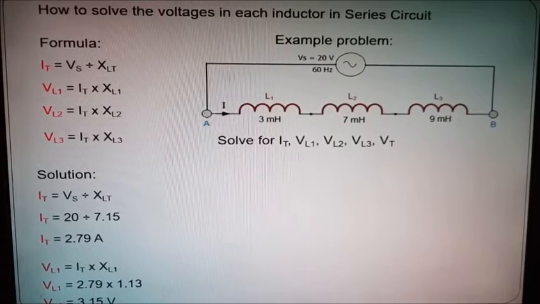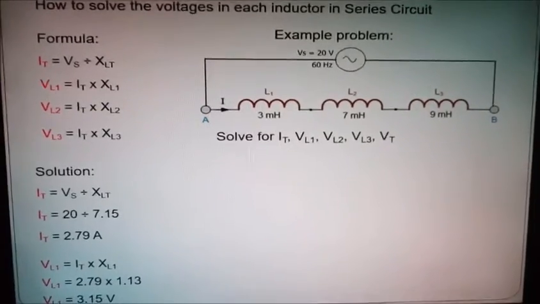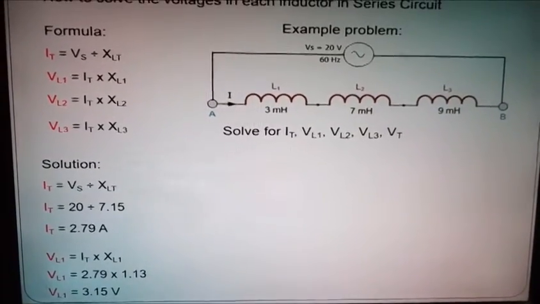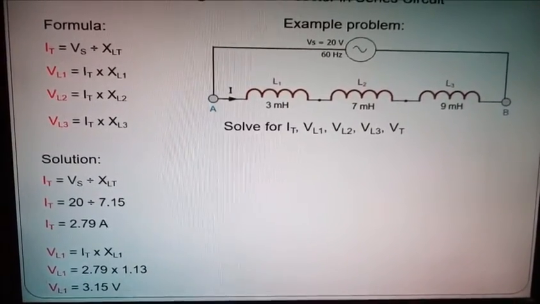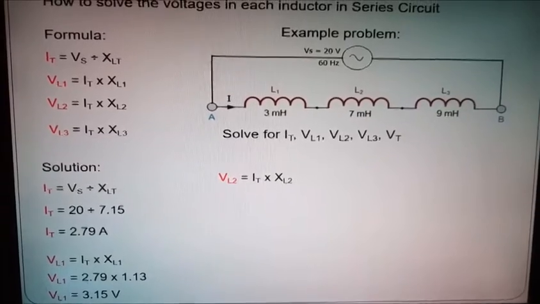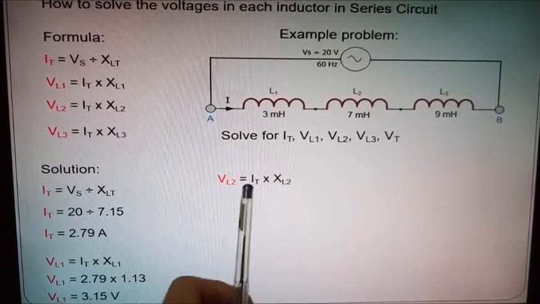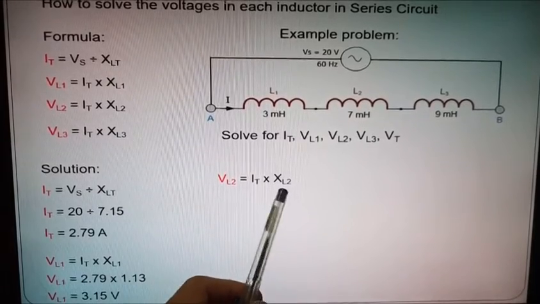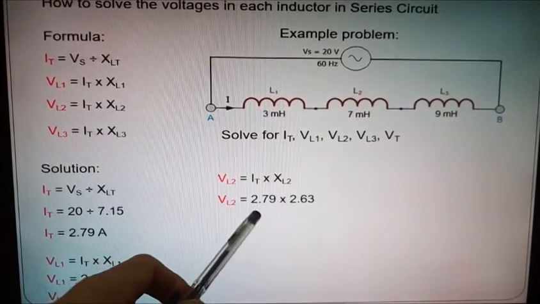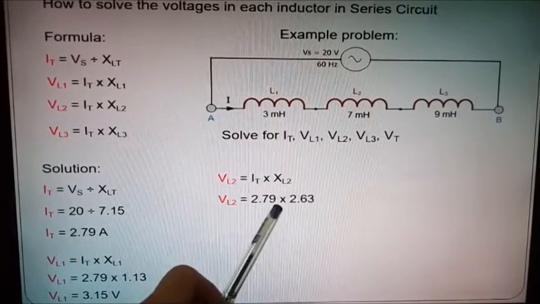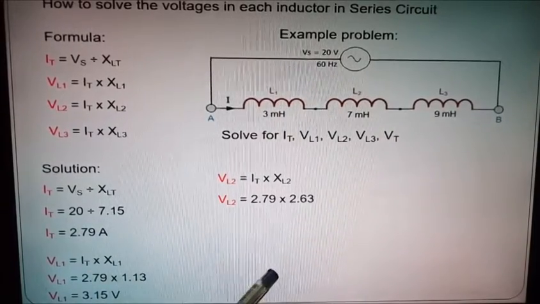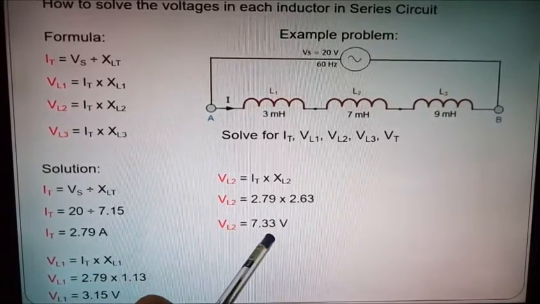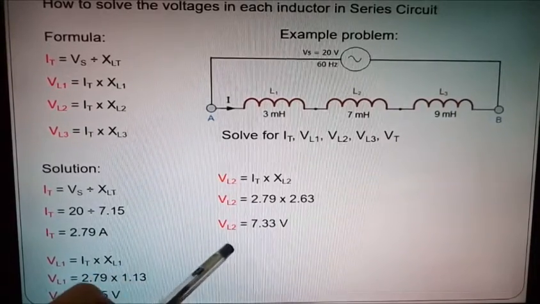Next, what is the value of VL2? VL2 is equal to IT times XL2. Substitute IT and XL2: 2.79 times 2.63 ohms. So your VL2 is equal to 7.33 volts.